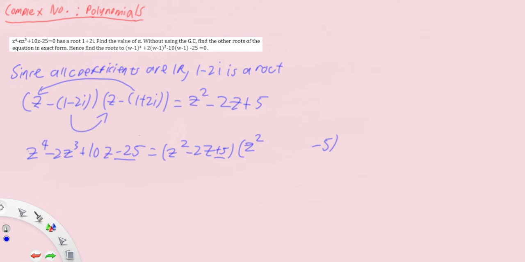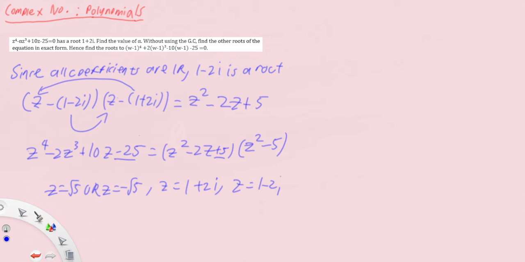So actually what we need is simply z squared minus 5. The other roots, quite obvious, z equals root 5 or z equals minus root 5. And of course the other roots, we have z equals 1 plus 2i, z equals 1 minus 2i.